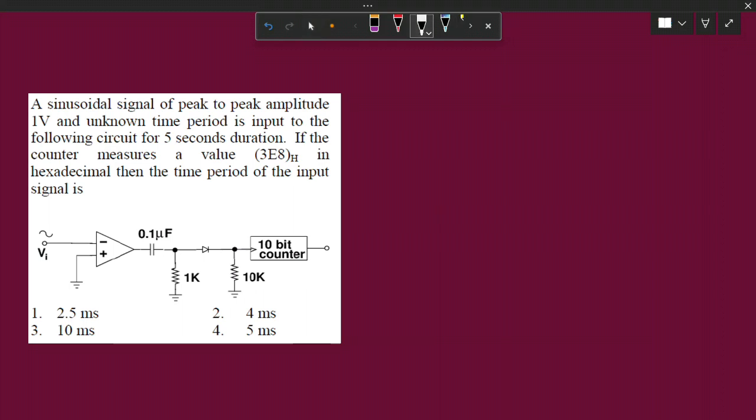So we know that frequency is equal to 1 by T, which means we are calculating the frequency as the number of cycles divided by the total time. Here the total time is given, which is nothing but 5 seconds.